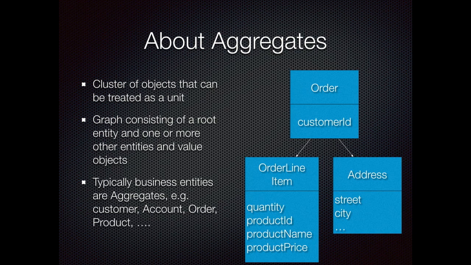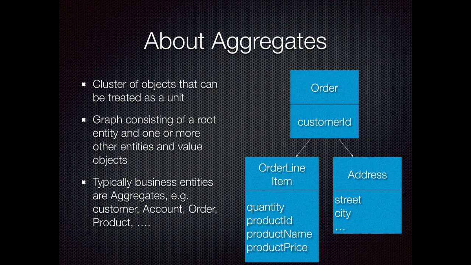So if you think about an order, there is more to an order than just the order class. There's the order line items. There's the address. There could be the payment information as well. And collectively, that little cluster of objects forms this business entity known as an order, and it is an aggregate.